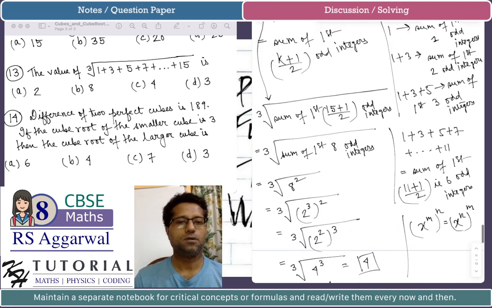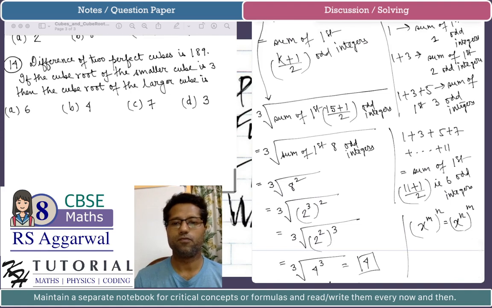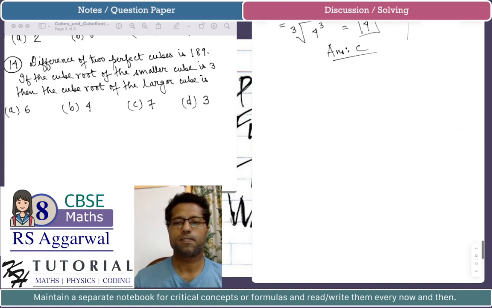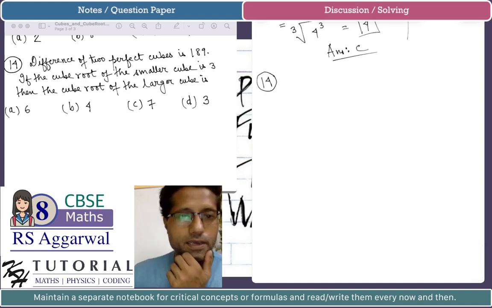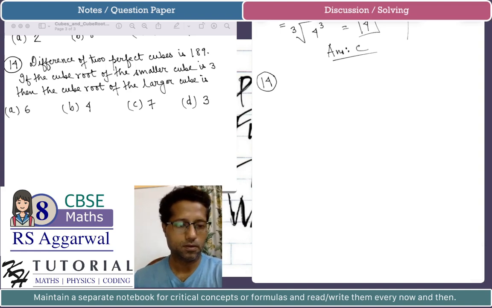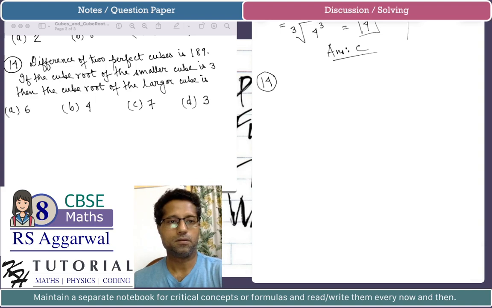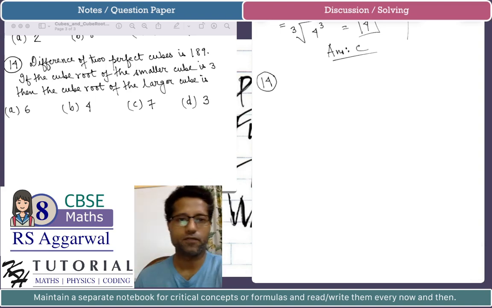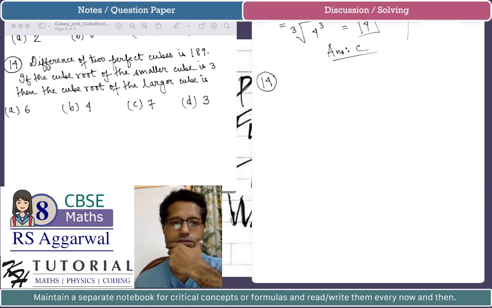Okay, let's do problem number 14. It is saying that the difference of two perfect cubes is 189.